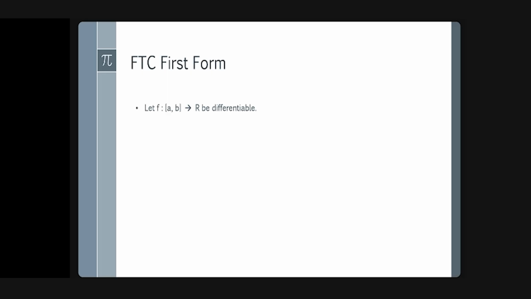Now F is differentiable. That means F dash x exists. Is this enough for our proof? So actually, we want to assume that F dash is integrable on [a, b], and then we want to say something. But can we just let F from [a, b] to R be differentiable? Is it enough for us to say that the integral of F dash x from a to b is equal to F(b) minus F(a)?